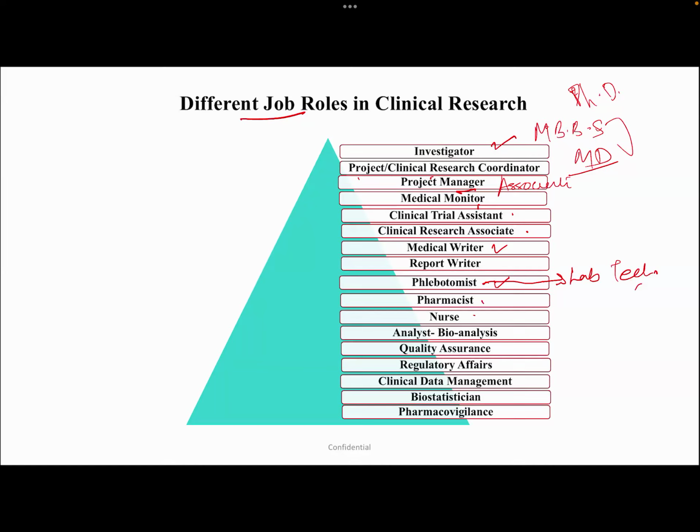Pharmacist, nurse, again for nurse the qualification itself. Bioanalysis, quality assurance, regulatory affairs, CDM, biostat, pharmacovigilance. For biostat, you should have some certification in SAS programming or some additional qualification, or an MSc in statistics. That should be the qualification.